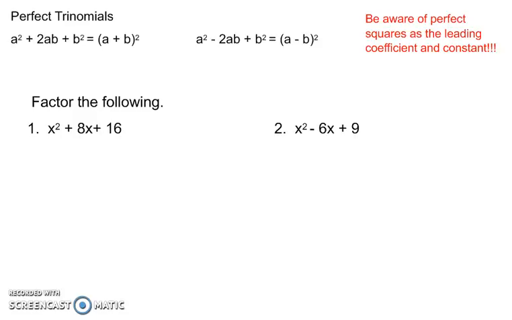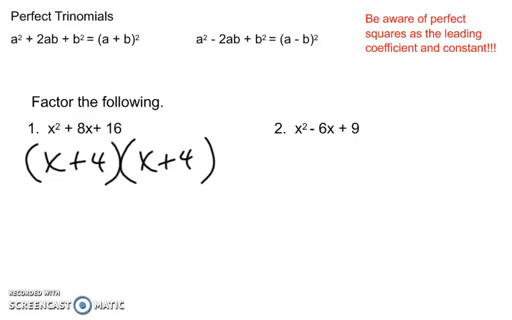So if we have x squared plus 8x plus 16, we want to multiply to get 16 and add to get 8. That being x plus 4 and x plus 4, which can be written as x plus 4 squared. That's perfect trinomials. So take a moment, pause the video, try problem 2, and press play when you're ready to continue.